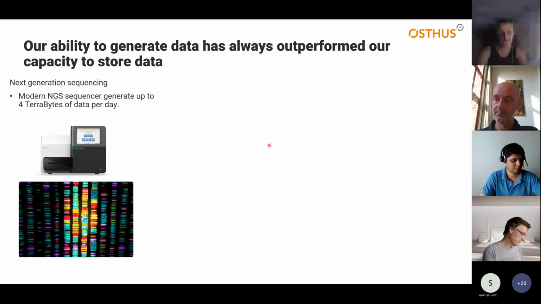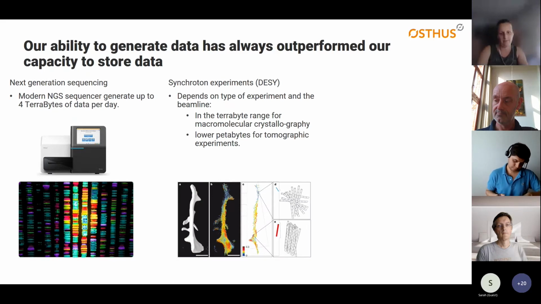So next generation sequencing, if you are working in a biolab, you probably have also seen these machines. Such a sequencer can generate up to 4 terabytes of data per day if it's running continuously. If we are going in the field of physics, there's an example from DESY, Deutsches Elektronen-Synchrotron. There, depending on the type of experiment, we have data in the terabyte or lower petabyte range. So already a lot of data that needs to be stored at first, but at some point also processed.